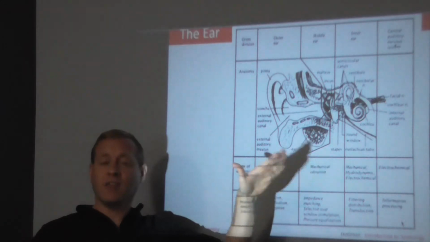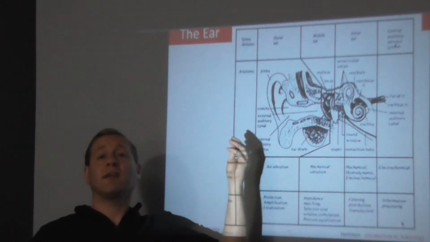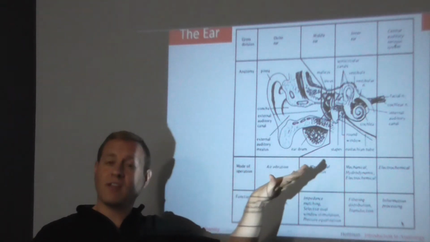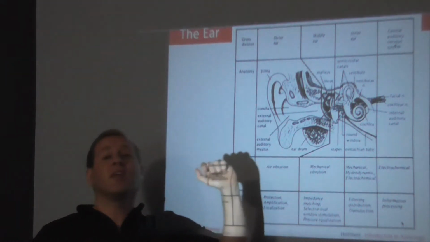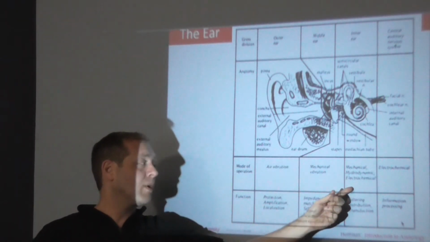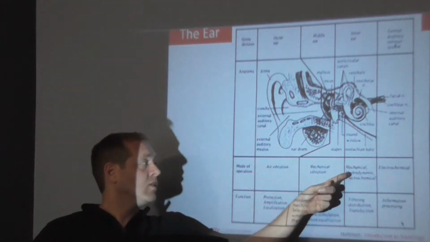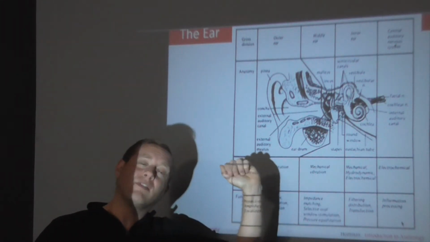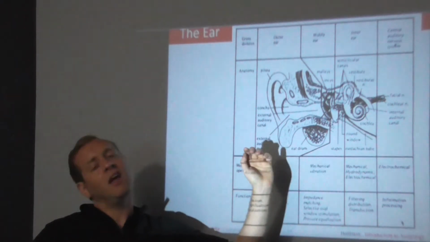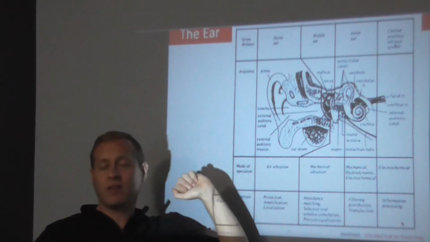And eventually the perilymph fluid vibrates the endolymph fluid, which vibrates the hair cells on the organ of Corti, which in turn transfers the energy to the nerves. Okay? That's why we're changing from mechanical energy of the oval window to hydrodynamic energy of the fluid to electrochemical energy of the nerves. Okay? And then going up all the way to the brain.